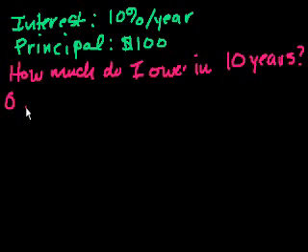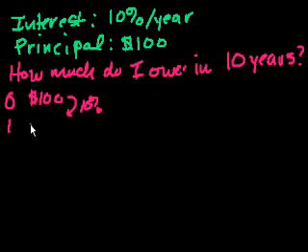If I just borrowed the money and paid it back immediately, it'd be $100, right? I'm not going to do that. I'm going to keep it for at least a year. So after a year, just based on the example that we just did, I could add 10% of that amount to the $100, and I would then owe $110.